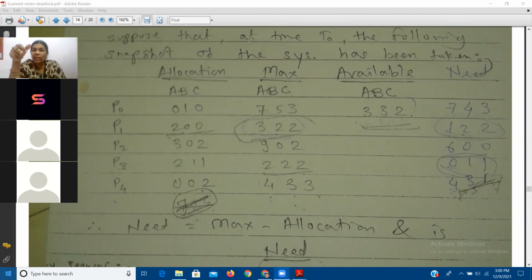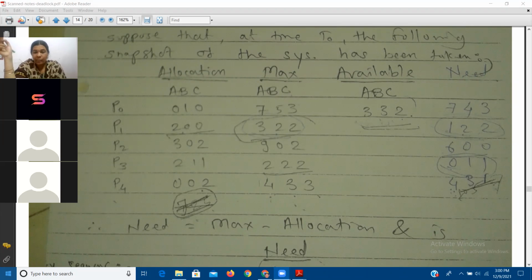So corresponding digit we have to compare. Okay, so 7 is greater than 3, 4 is greater than 3, 3 is also greater than 2. It means need is greater than available, so we can't satisfy the need of process P0. So that's why in our safe sequence process P0 will not come, right?